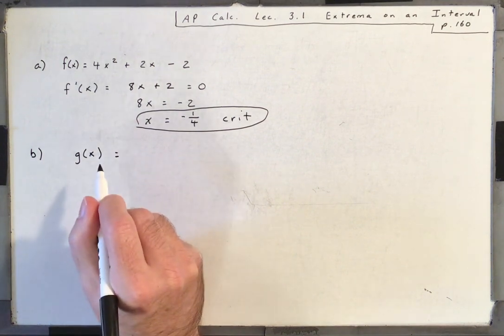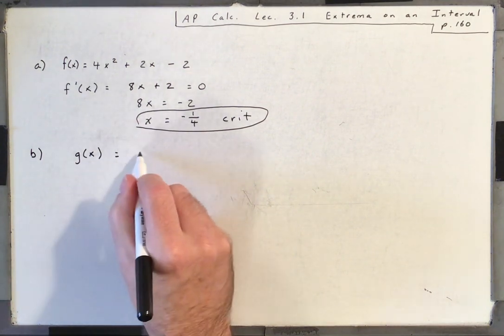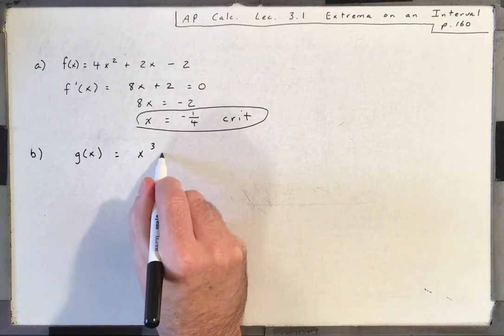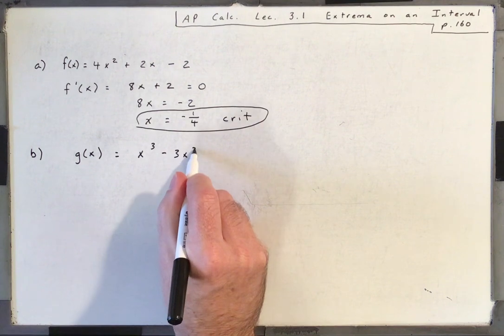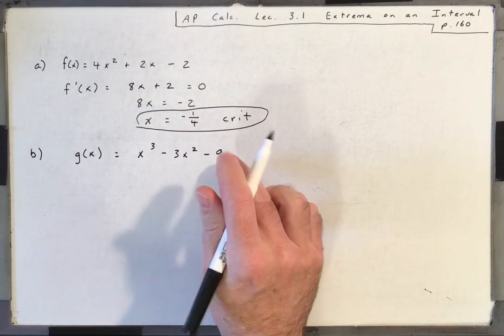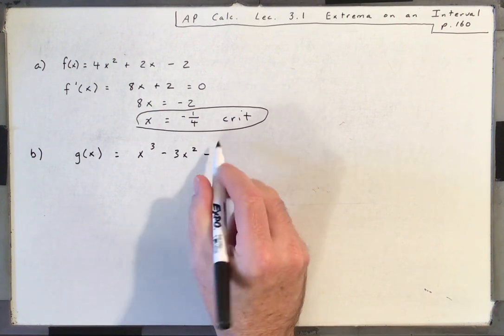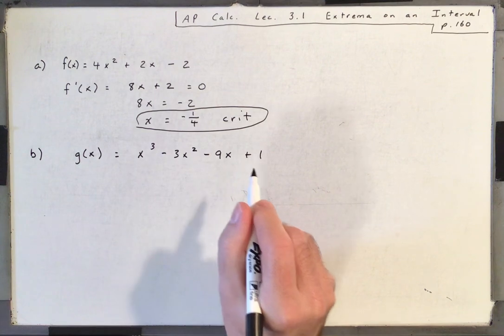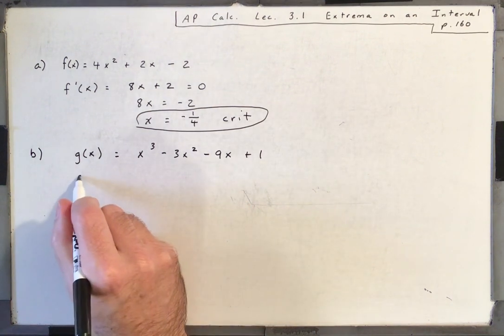All right, B, we have g of x is equal to x cubed minus 3x squared minus 9x plus 1. Okay, let's take the derivative.